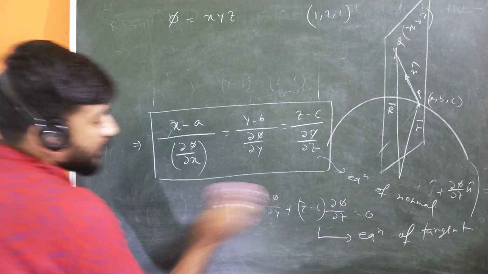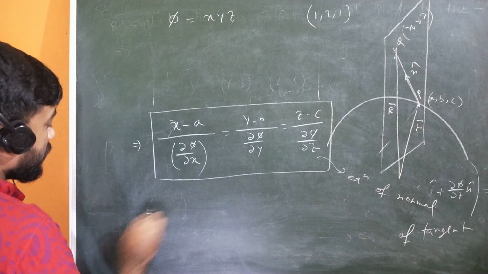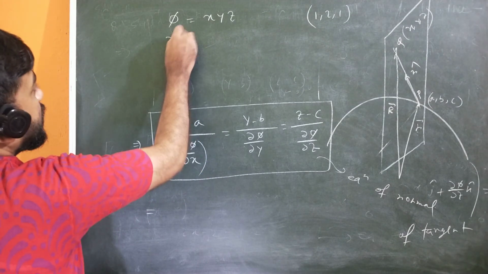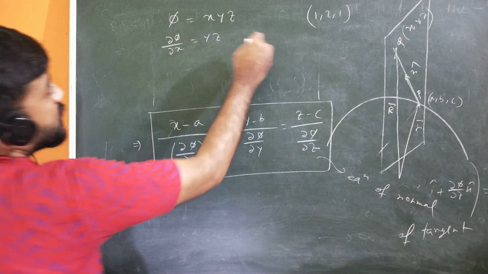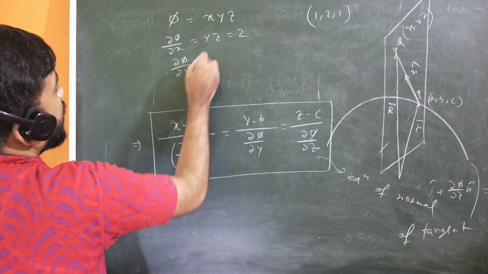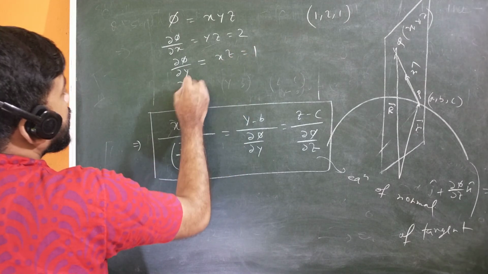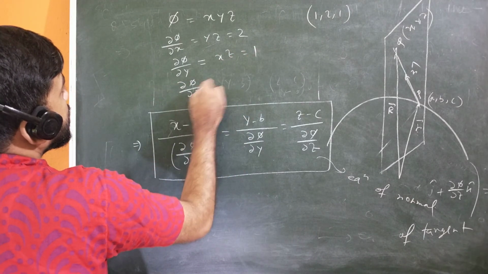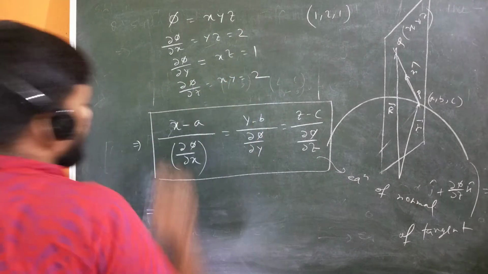We have already found them. Let me solve again. Del phi del x will be yz, and yz means 2. Del phi del y is xz, and xz means 1, and del phi del z is xy, and xy means 2 again at this point.